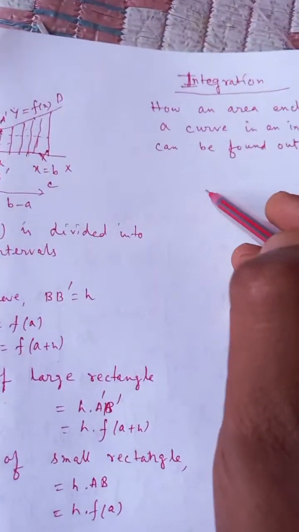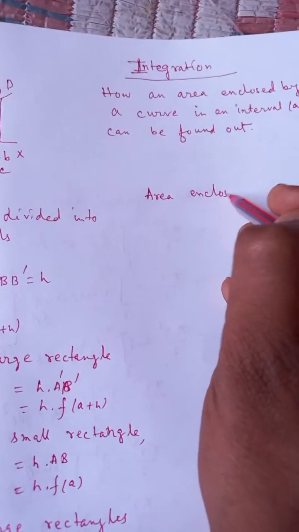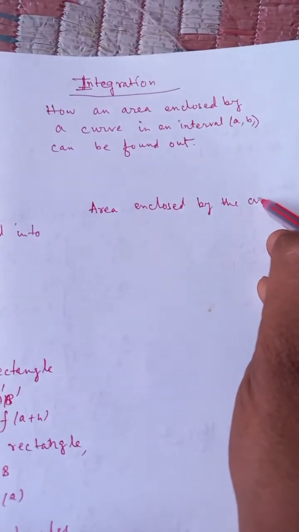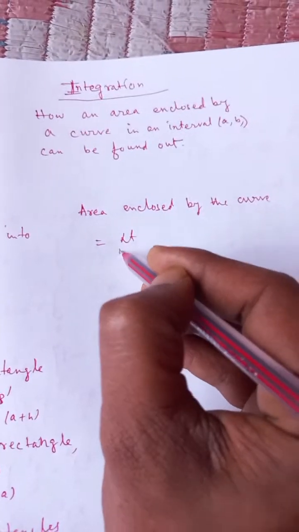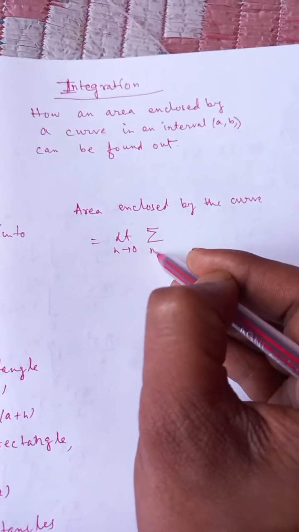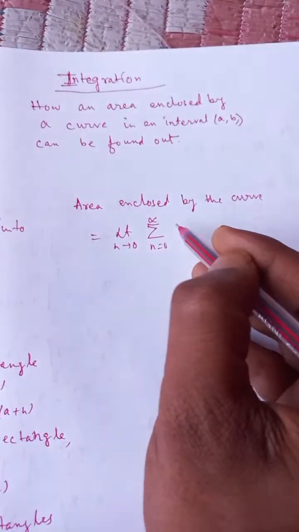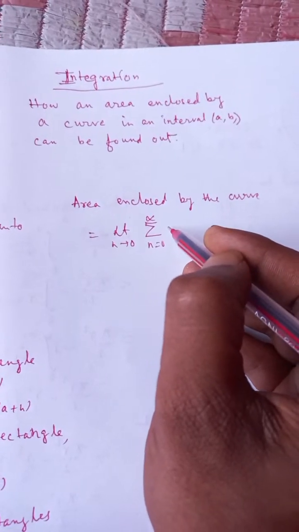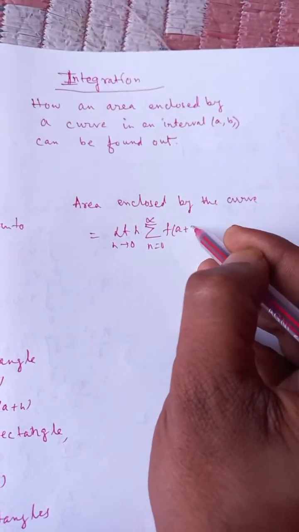So the area enclosed by the curve is equal to the limit h tends to 0 of the summation n equal to 0 to infinity of h f(a plus n h).